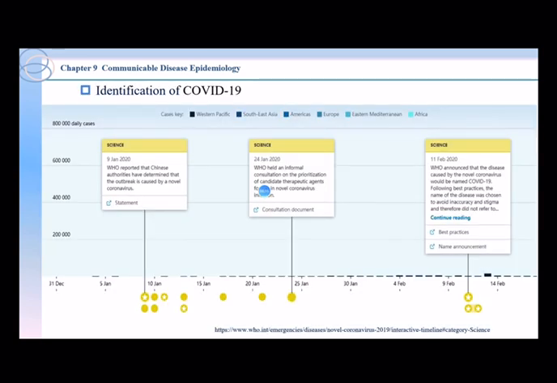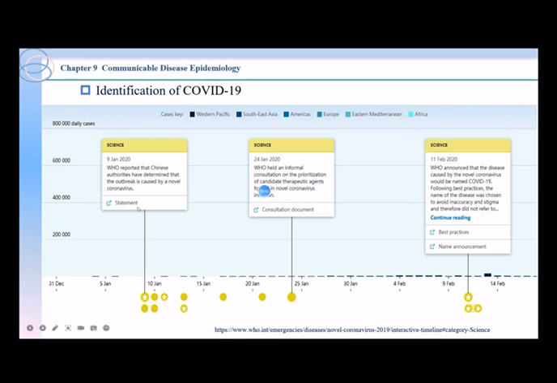In these figures, I found some data from WHO. Here is a timeline of the identification of COVID-19. On January 9 of 2020, WHO reported that Chinese authorities had determined that the outbreak was caused by a novel coronavirus.